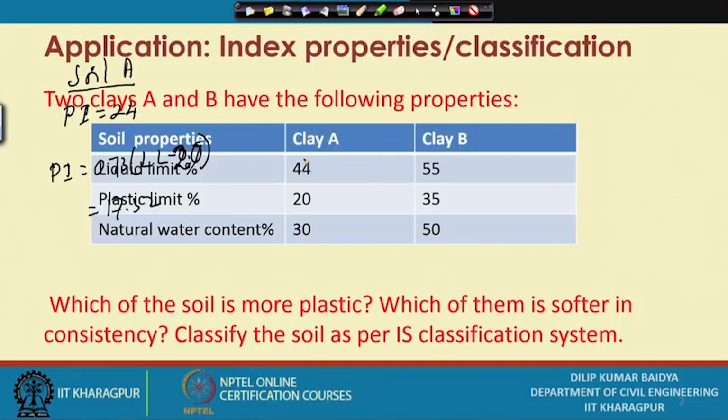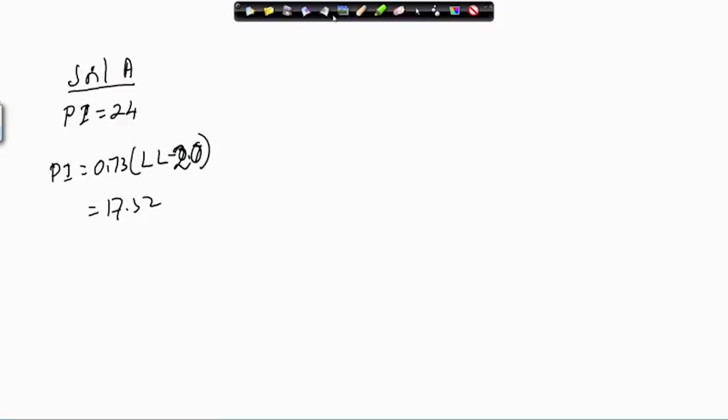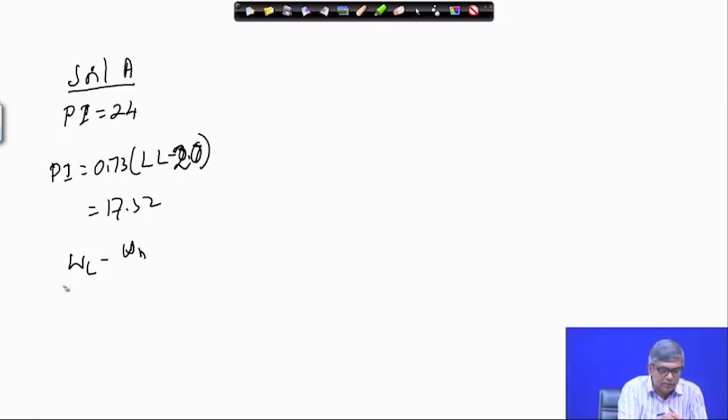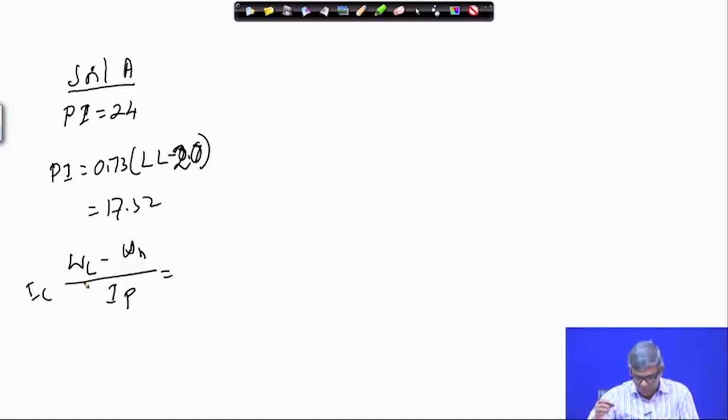So, that means it is intermediate plastic. And for consistency, the expression was (WL minus WN) divided by IP, and that is IC. Based on this calculation, it comes to 0.58, and I will come back to the table which I have given.